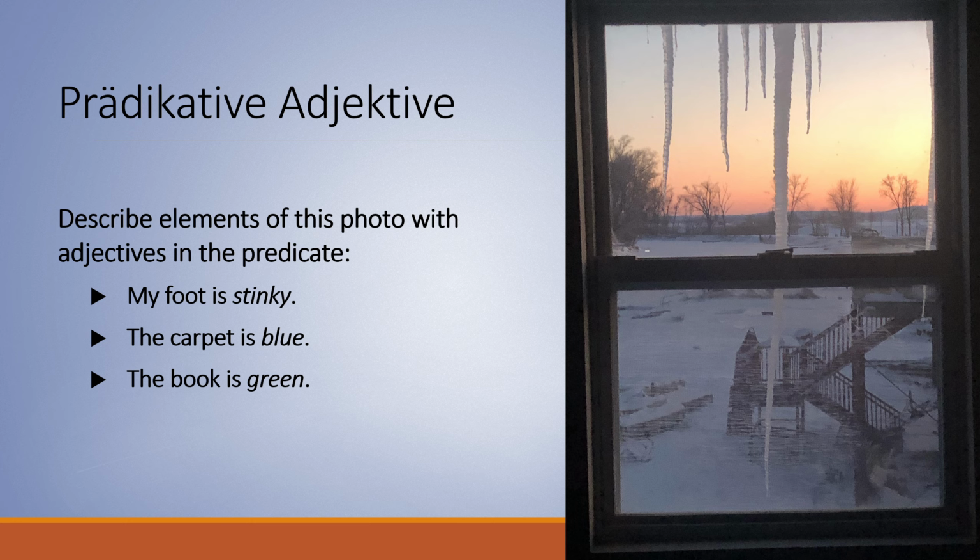With attributed adjectives, the adjective would come before the noun that it's modifying, right? So instead of my foot is stinky, it would be my stinky foot, I don't know, has a sock on it. The blue carpet has a stain. The green book reads quickly.